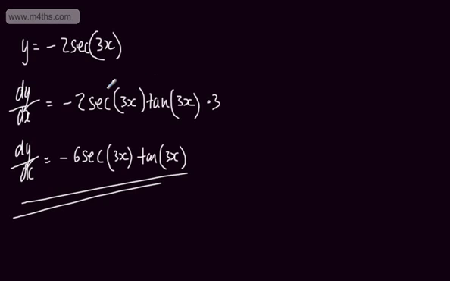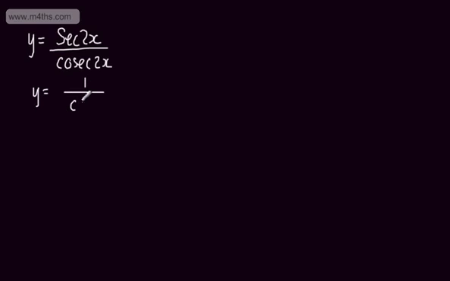Okay, let's look at another one. Let's go for y is equal to sec 2x divided by cosec 2x. In this particular case, again, it looks like we've got a quotient to deal with. But let's go ahead and use some trig identities. So we could say that y is equal to 1 over cos 2x over 1 over sine 2x.